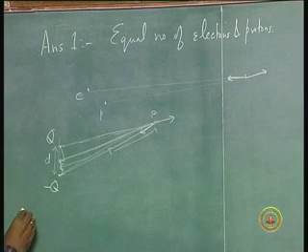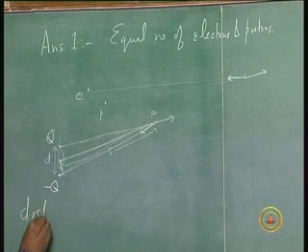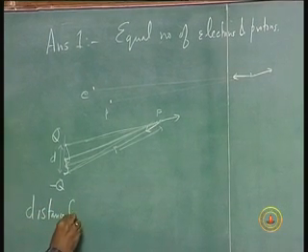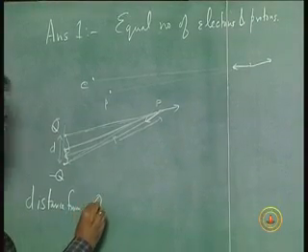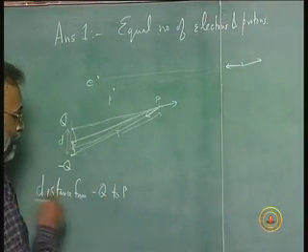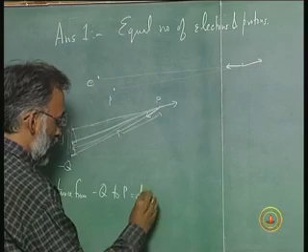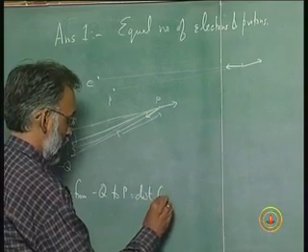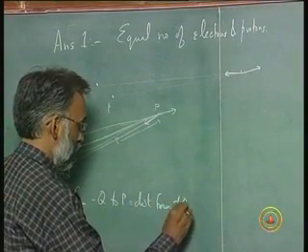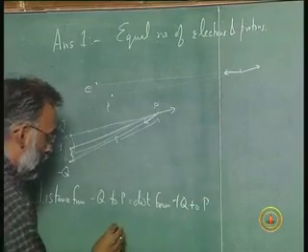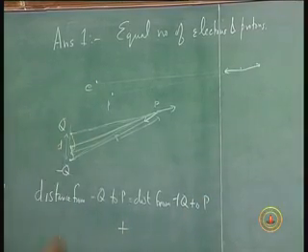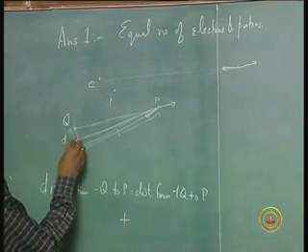So, the distance from minus q to P is equal to the distance from plus q to P plus this quantity.